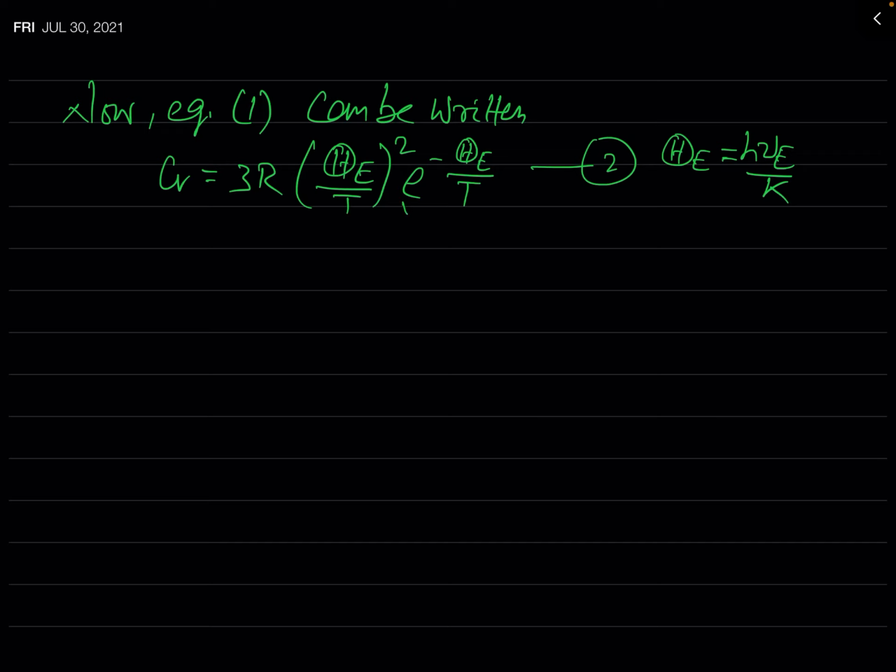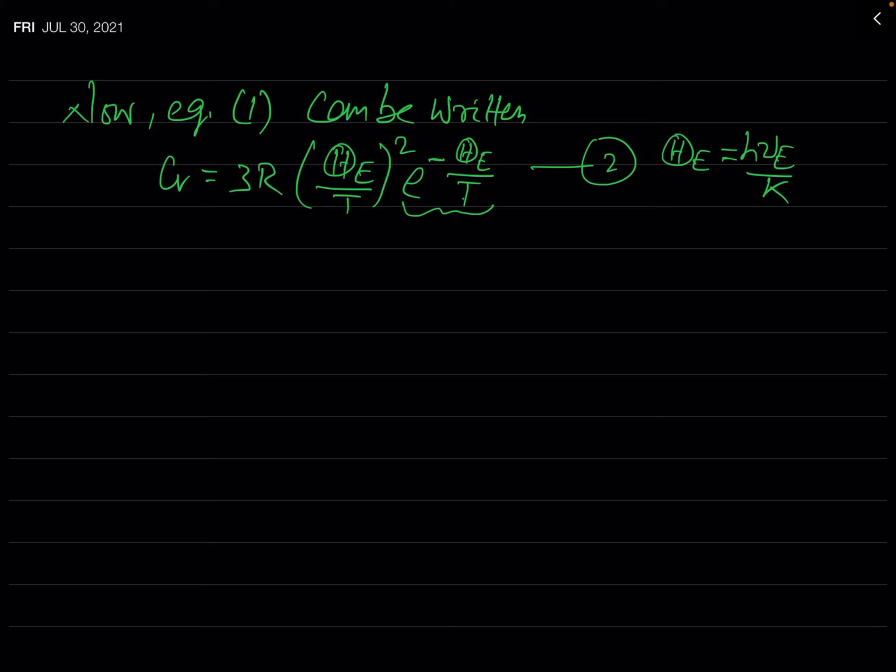So due to the presence of this exponential factor, when T will increase, theta E by T will decrease, but as there is a minus sign, e raised to the power minus theta E by T will increase with increase in temperature T. But if T will decrease, this factor will decrease, and when T will tend to 0, then Cv becomes 0.